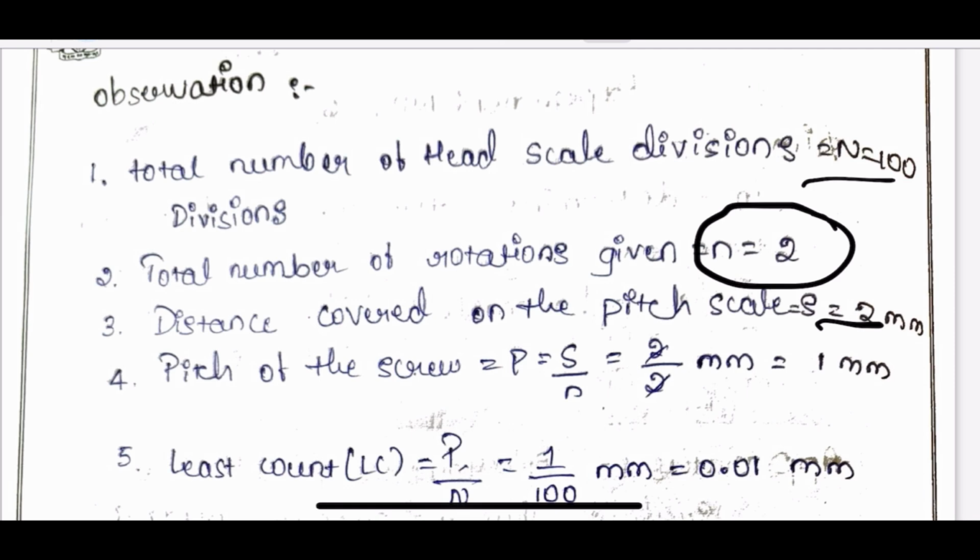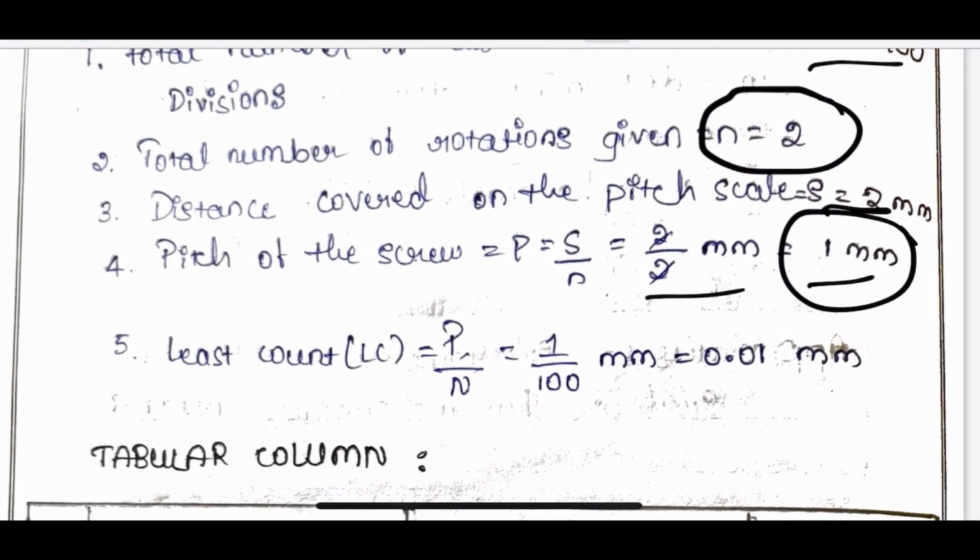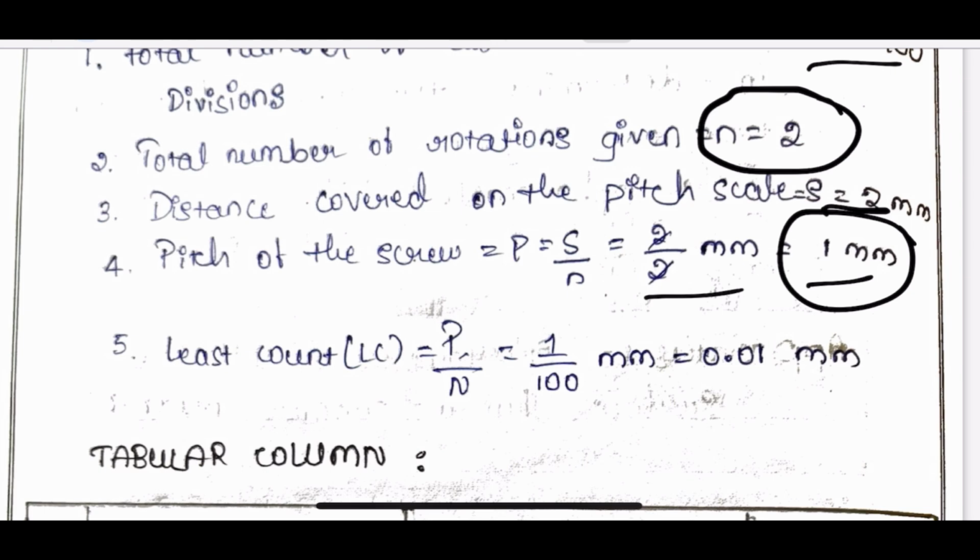Next, pitch is 2 by 2. If you take 5 by 5, then also 1. If you take any number of rotations, the pitch value is always 1. Then least count, p by n, is 1 by 100, which becomes 0.01 millimeter. This is the least count of the spherometer.